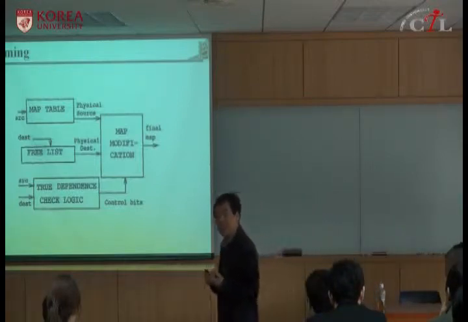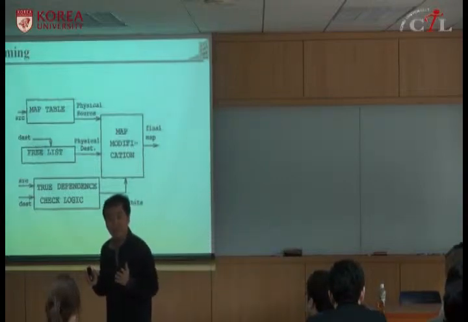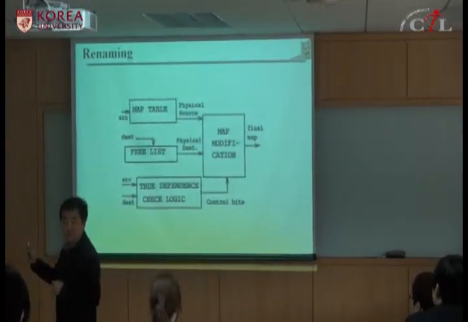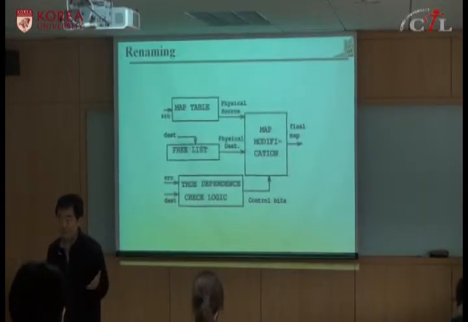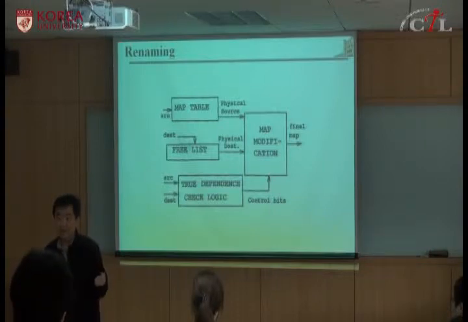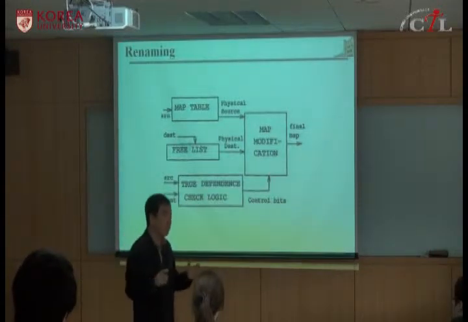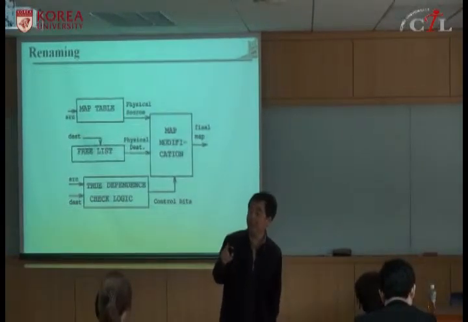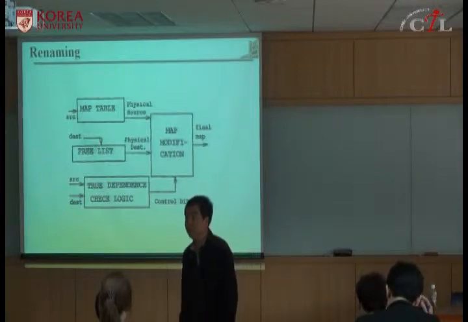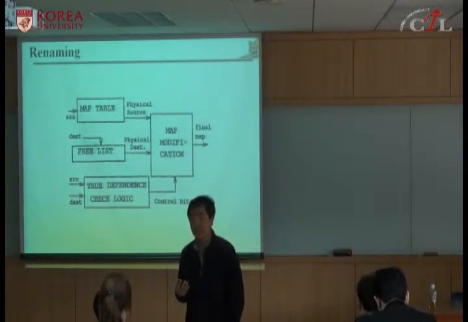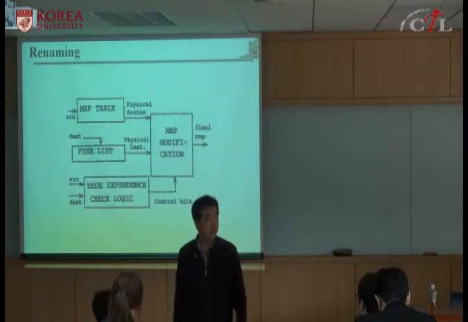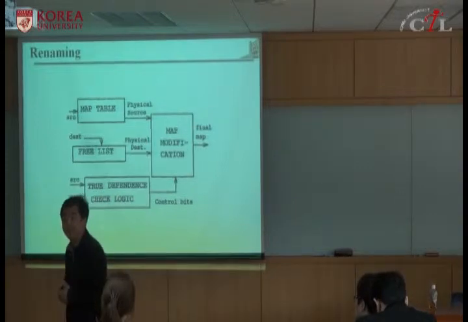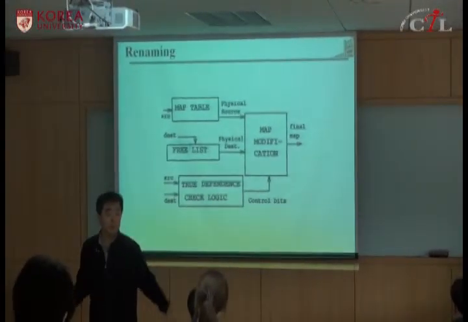So if you have n instructions, then it is 1 plus 2 plus and so on plus n minus 1. If you sum it all using sigma, it becomes n times n minus 1 divided by 2. So it's quadratic. As you increase the number of instructions, the dependence checking logic becomes quadratic in terms of complexity, because you need to check more and more dependences.